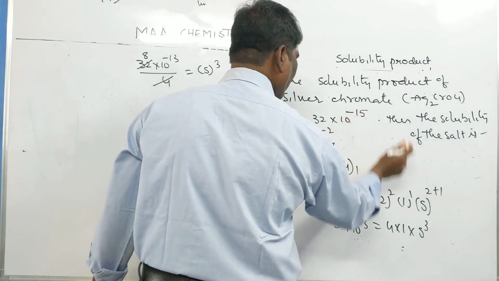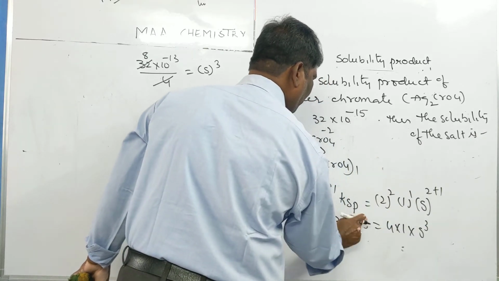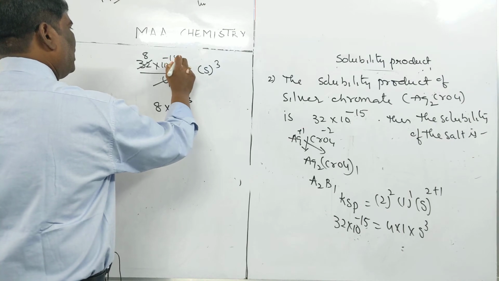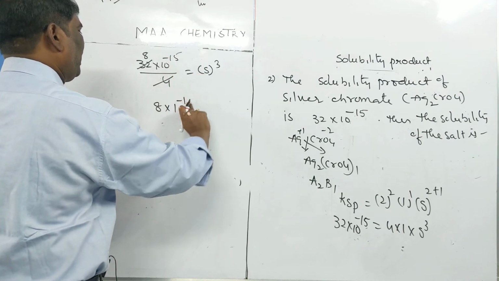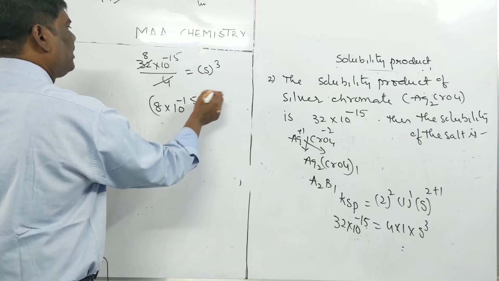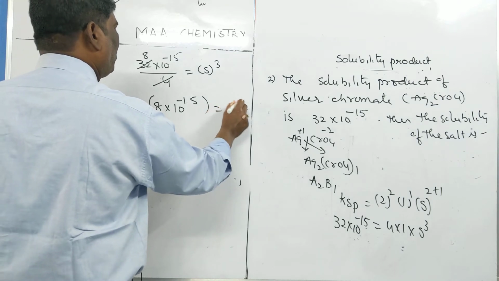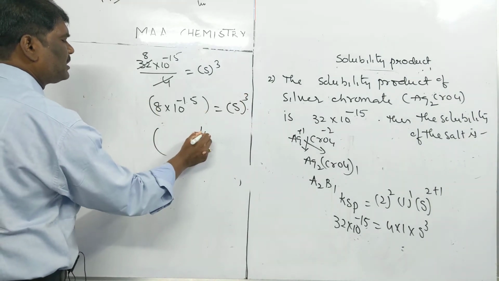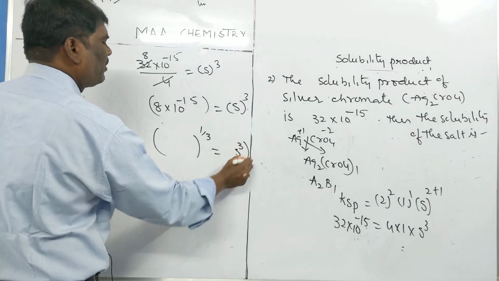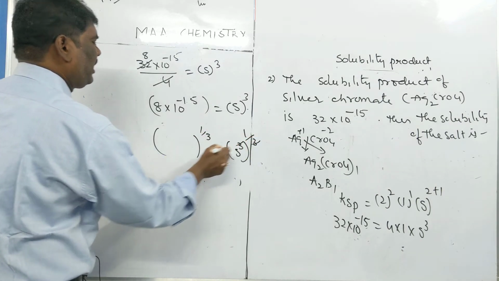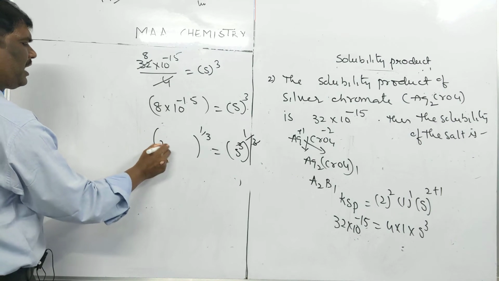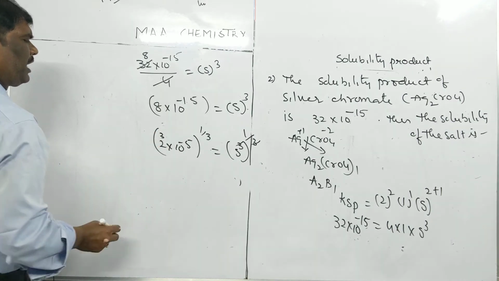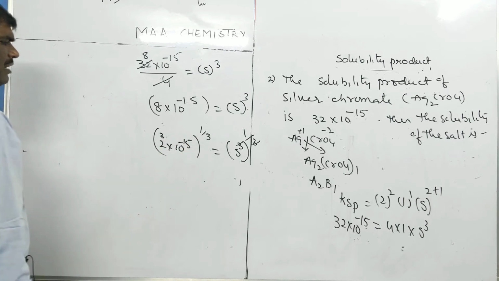Let us suppose this one as 10⁻¹⁵; the calculation will become very easy. That's why I am taking 10⁻¹⁵. So 8 × 10⁻¹⁵ equals S³. Now take whole power 1 by 3 on both sides. This is taken as 2 × 10⁻⁵, that is 2³ × 10⁻¹⁵ to the power 1/3, and the 3 and 1/3 cancel. The result is 2 × 10⁻⁵.